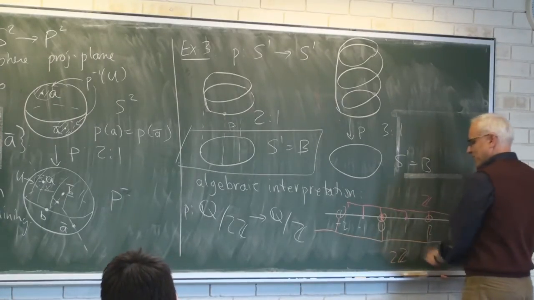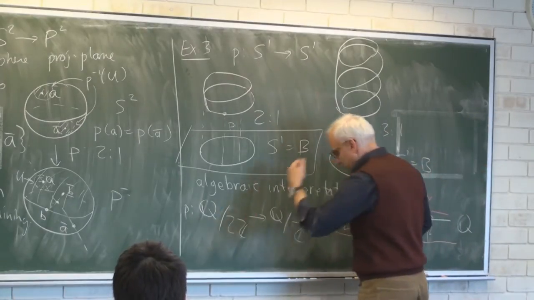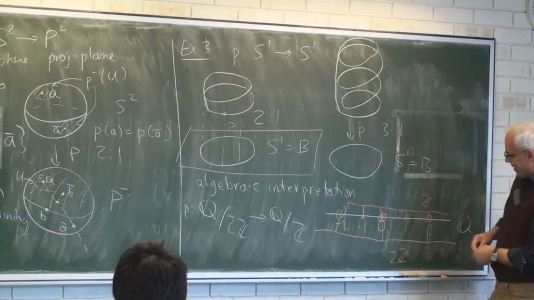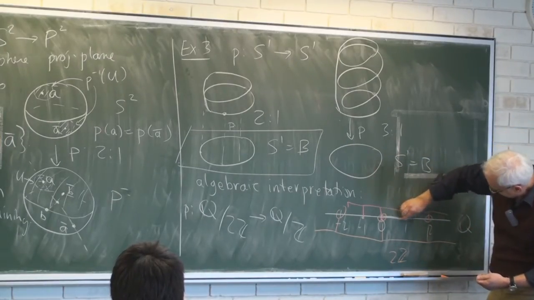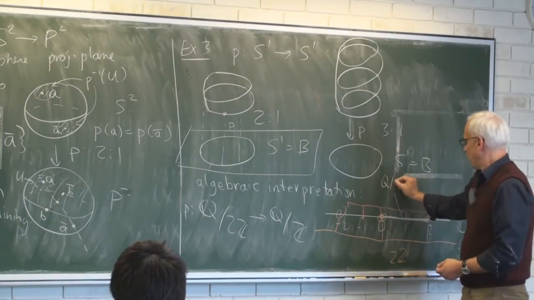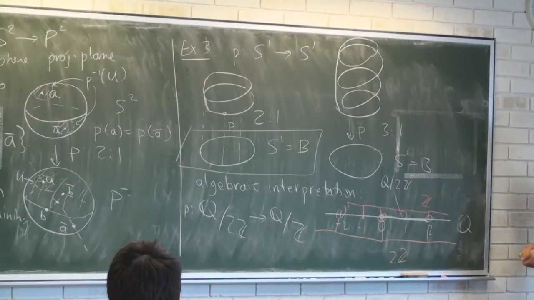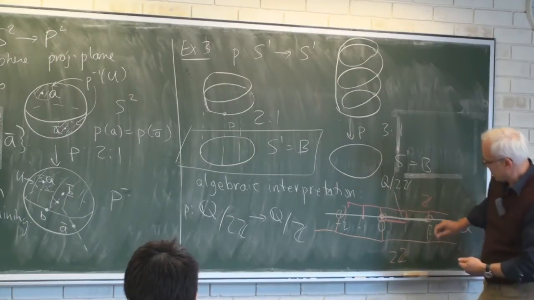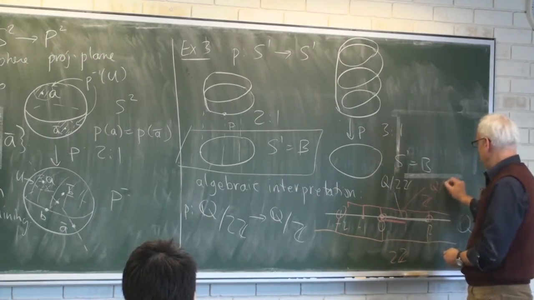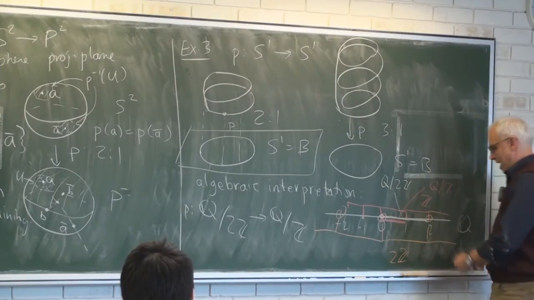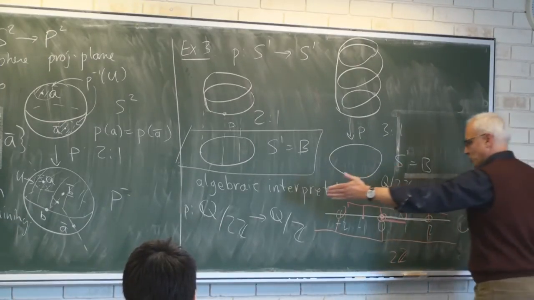So what do the various quotients look like? Q over 2Z is the quotient of the line with respect to 2Z. Well, that looks like this. The representative examples would be this. So this is Q over 2Z, while Q over Z was the familiar interval that we started with. So that's Q over Z. And so what is the map between this quotient and this quotient?